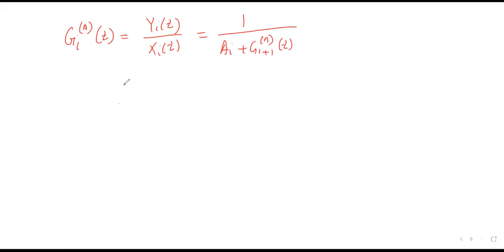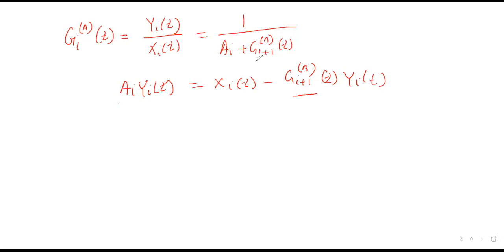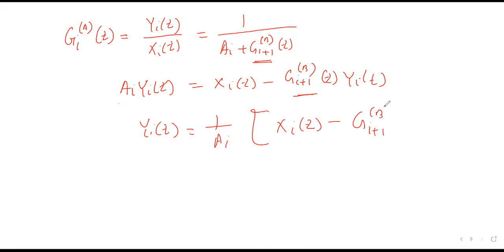So if you want to figure out A1 Y1Z equal to X1Z minus G2B, the next B function, with your Y1Z. So basically this is nothing but feedback again. We said that this is nothing but feedback previously as well in the standard programming. So Y1Z is basically 1 by A1, and then you subtract from the input the feedback of the next B function with Y1Z.